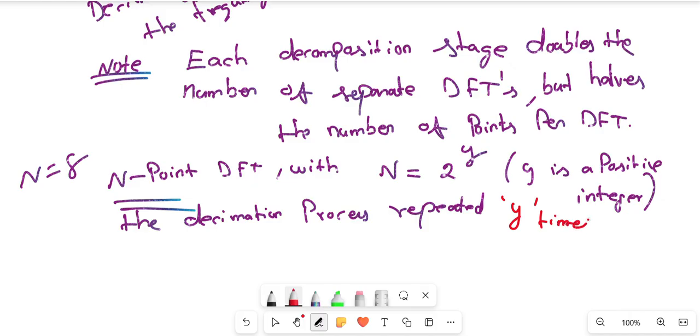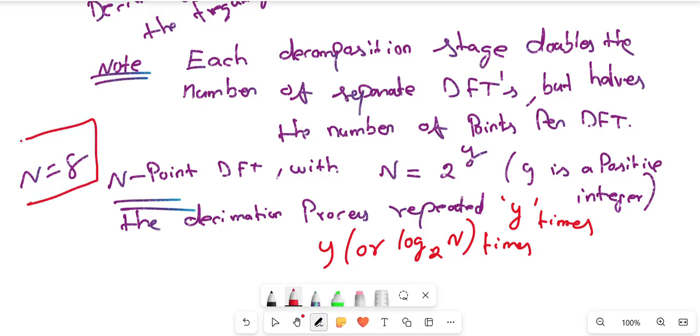How many stages? It is repeated y times, that is log n to the base 2 times. Here n is equal to 8, which is 2 power 3, so log n to the base 2 is equal to 3.